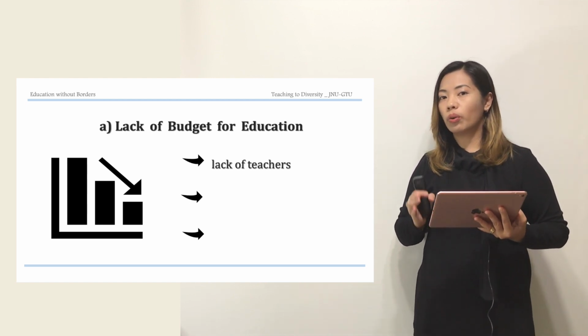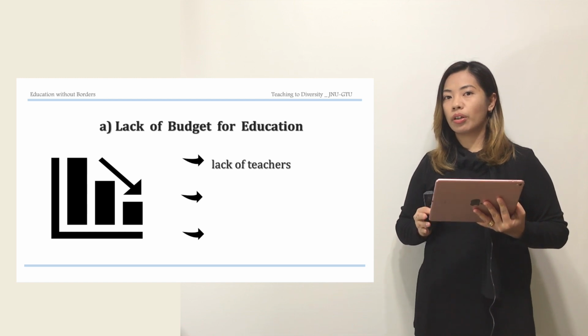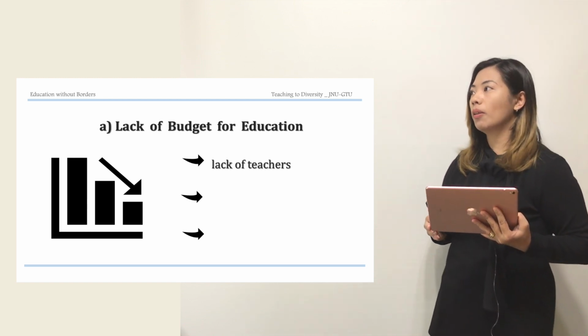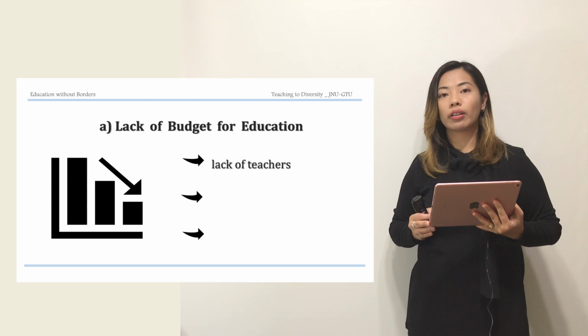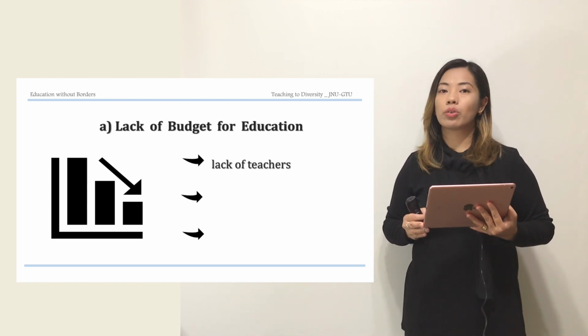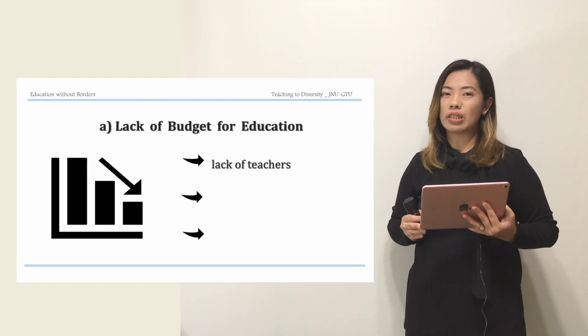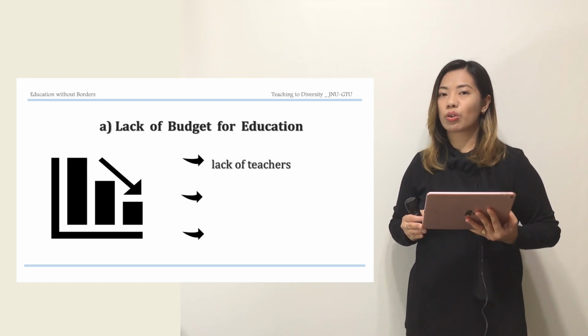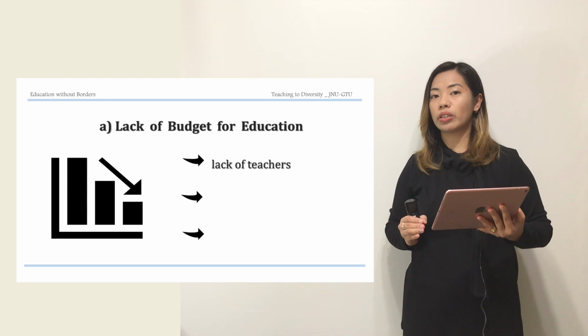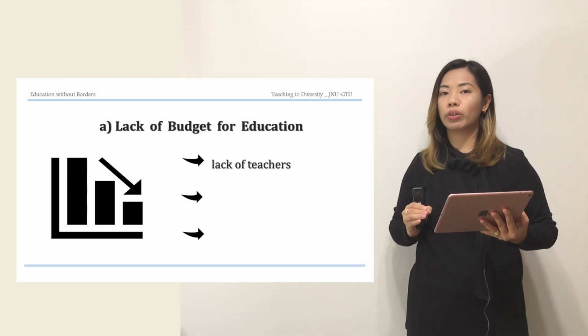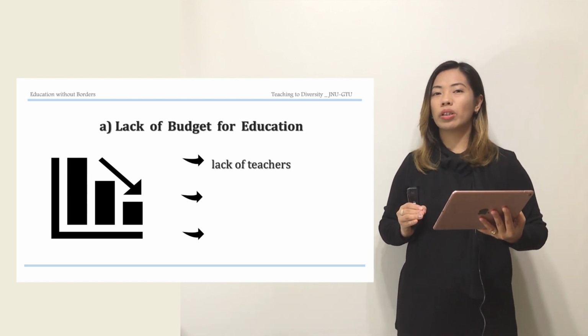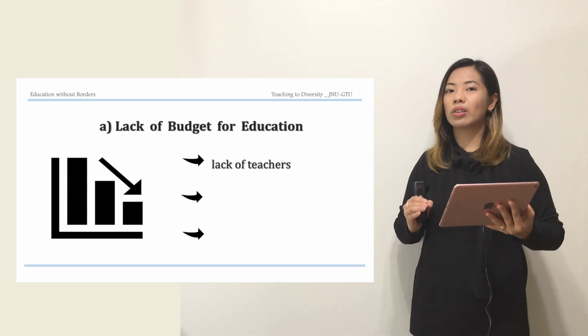As you already know, if I'm not mistaken, the perfect number of students in one class is around 30. However, in the Philippines, since we do not have enough budget to hire or employ more teachers, one teacher has to handle double of 30.